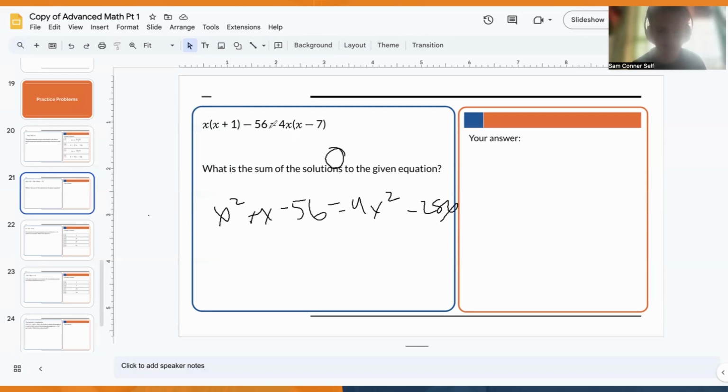That involves less division of these factored terms. But I'm just going to isolate everything. I think the way I want to do it is I'm going to move everything to the left. So I'm going to subtract 4x squared to get negative 3x squared. And then I'm going to add 28x to both sides to get 29x. And then minus 56 is equal to 0.